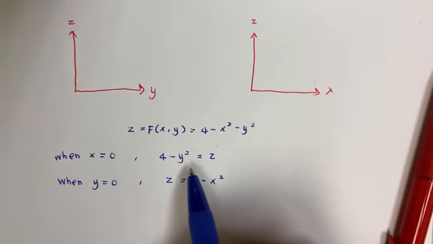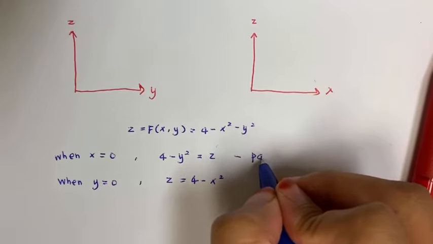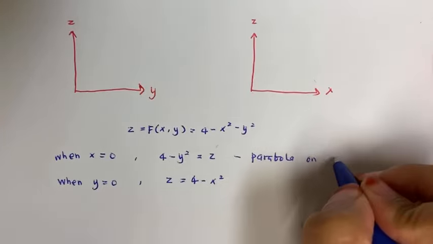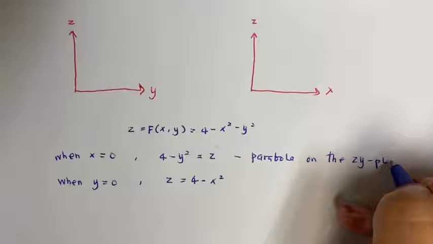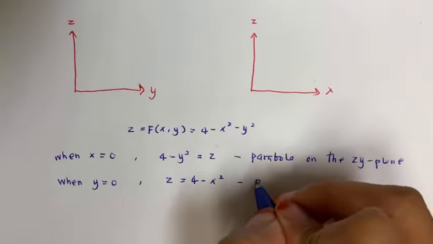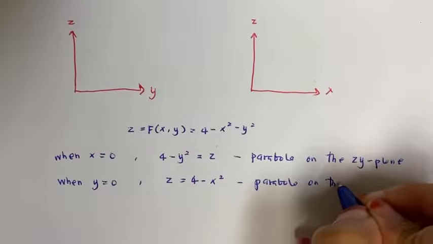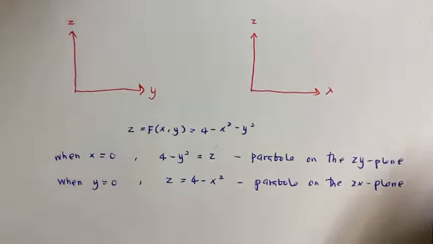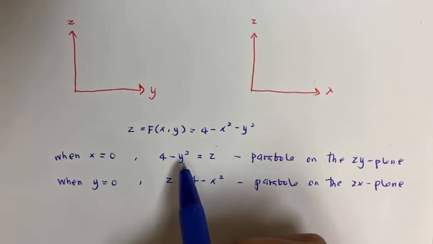So you have z equal to 4 minus y square and z equal to 4 minus x square. Basically, this is a parabola on the zy plane, while this one is a parabola on the zx plane.